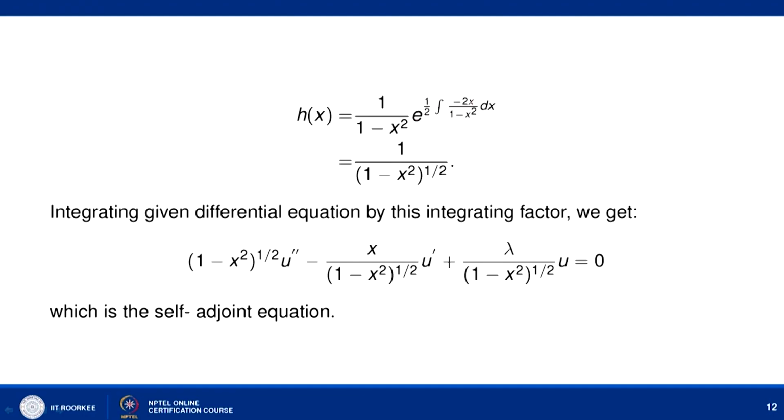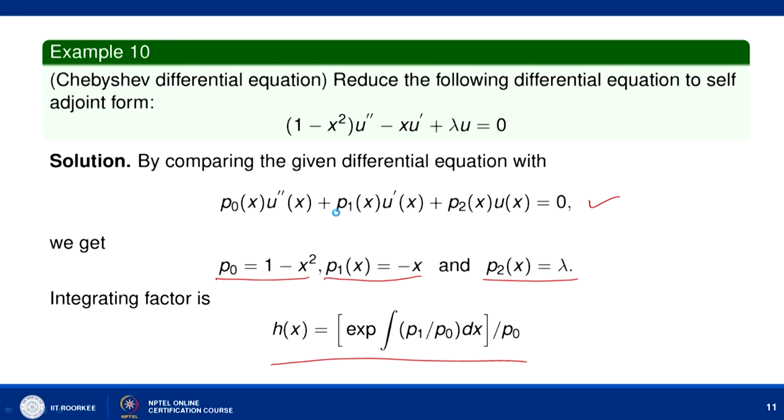This we can simplify, and write as 1 upon 1 minus x square times exponential of 1 by 2 ln of 1 minus x square. So we can write this as 1 upon 1 minus x square times under root of 1 minus x square, and simplifying we have h(x) as 1 upon (1 minus x square) to the power half. It means that by multiplying this function h(x), we can make our differential equation a self adjoint differential equation.